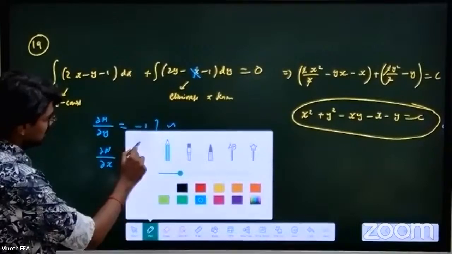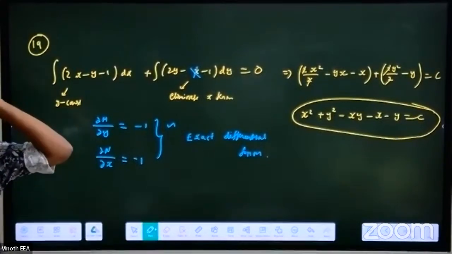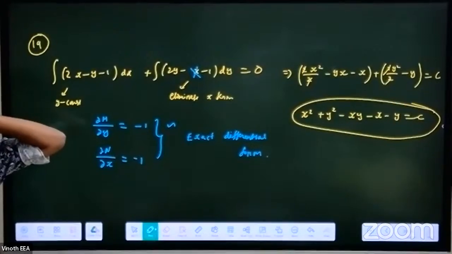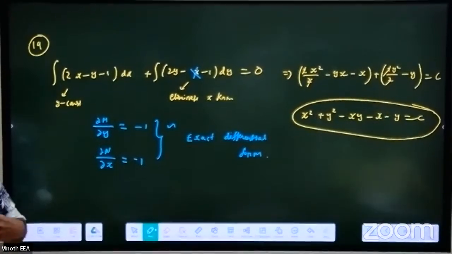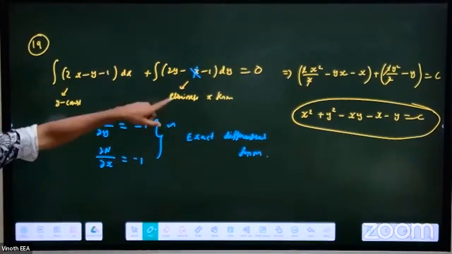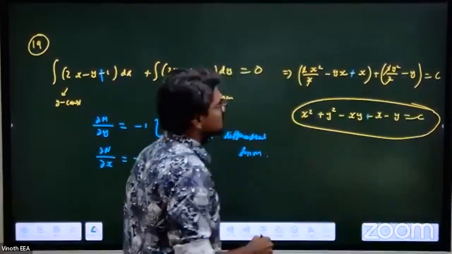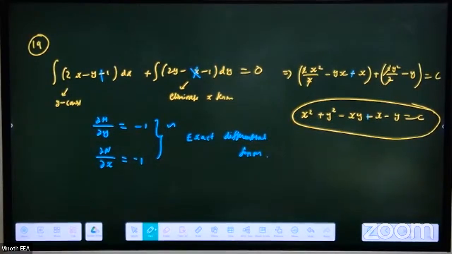See, you have to go back and check page number 8 in your basic sheet. It cannot be done unless it is exact differential. So here it is plus 1, okay.